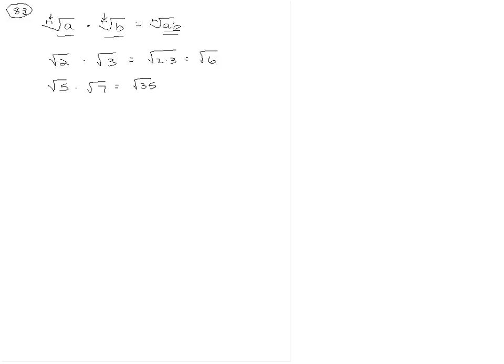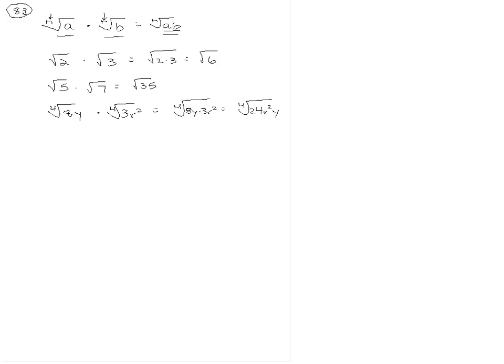If I have the fourth root of 8y times the fourth root of 3r squared, I get the fourth root of 8y times 3r squared, which is the fourth root of 24r squared y.